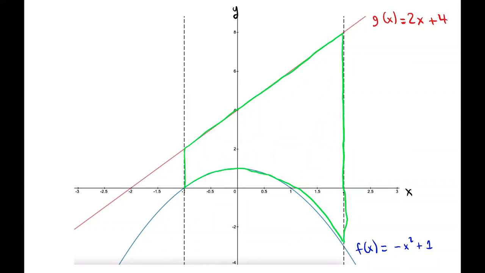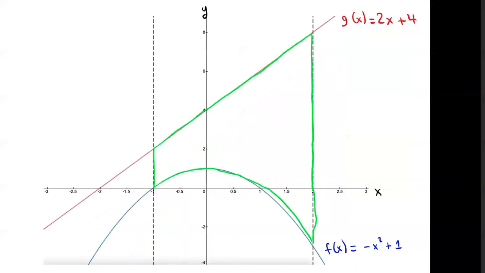So let's go ahead and do that. Keep in mind, I'm going to move on to the next slide here. Keep in mind the top being the line and the bottom being the parabola. So when we do our integral, we're going to say integral from a to b, in this case, of g of x minus f of x.